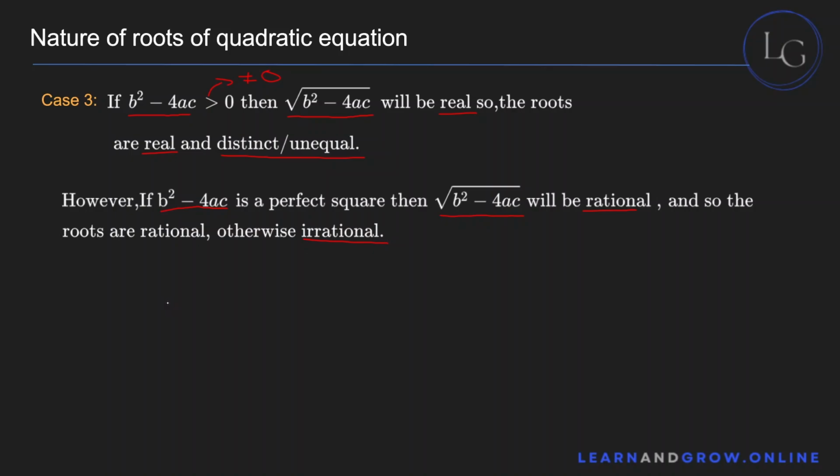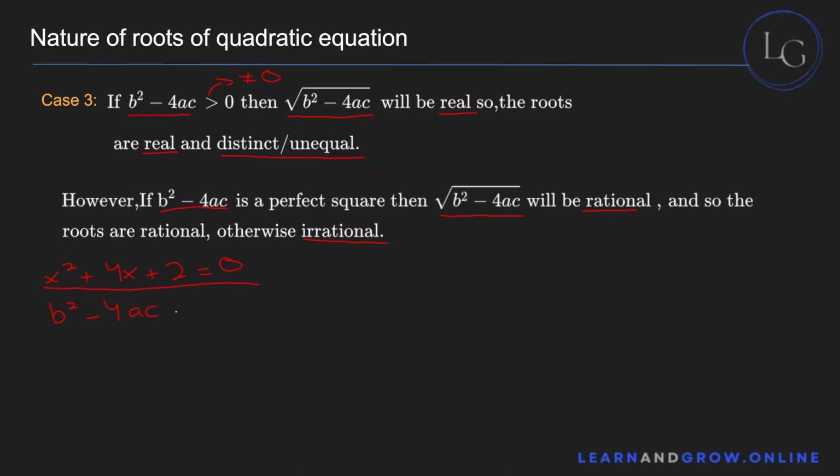So let's just say we're given an equation like this one here, x square plus 4x plus 2 is equal to 0. Now, we have to find the nature of the roots of this particular equation.